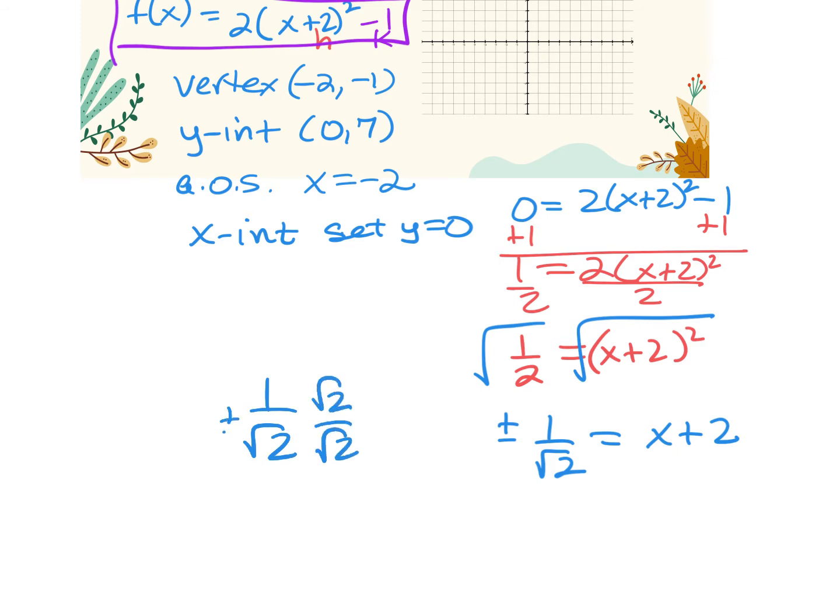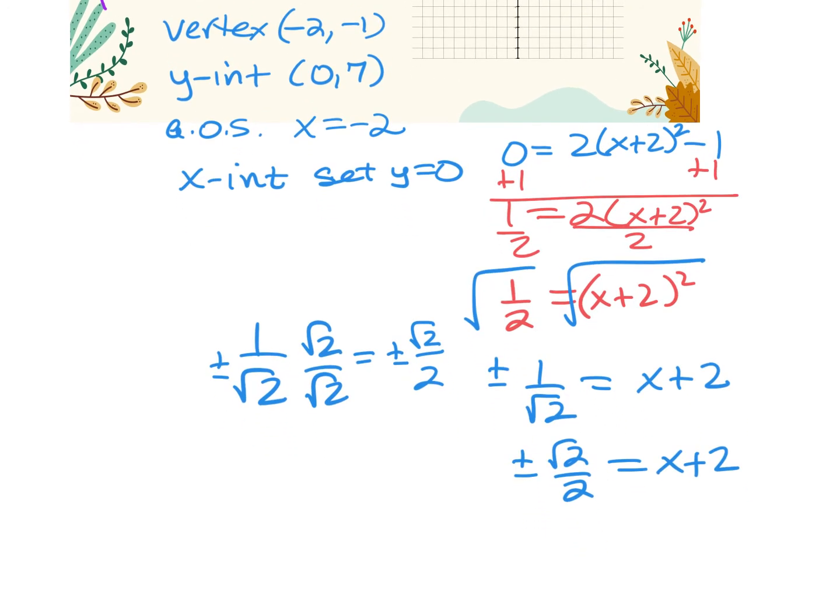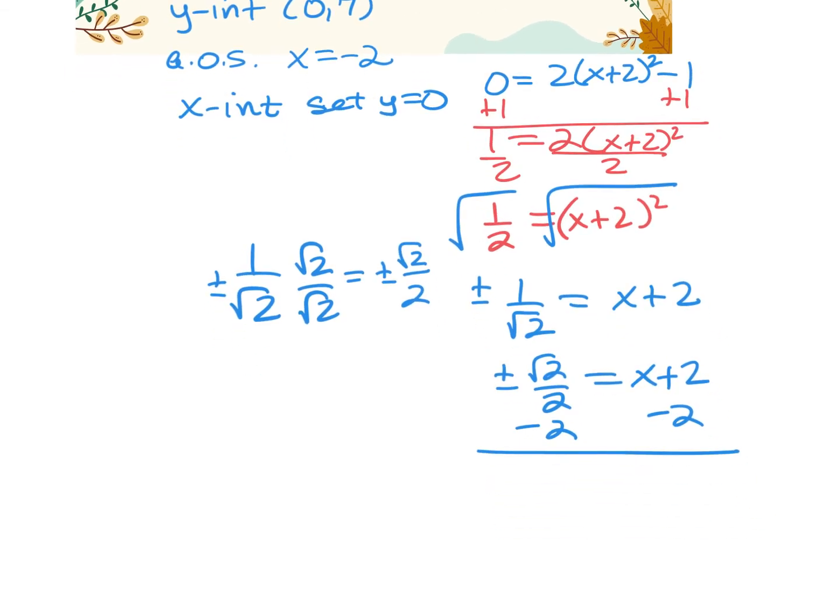Rationalize that, plus and minus 1 over square root of 2, and this will become plus and minus square root 2 over 2. And then now I can subtract the 2. So my x-intercepts are located at -2 plus or minus square root 2 over 2.